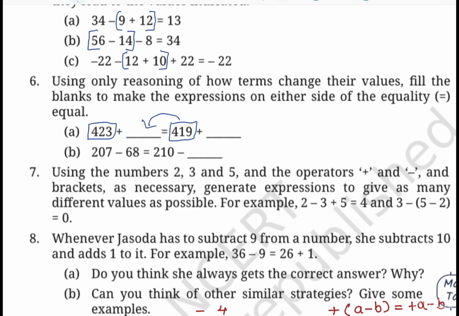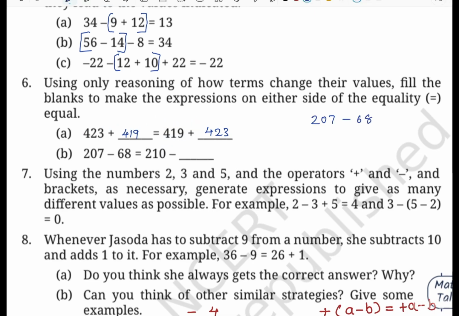So we can write this term here and this term here, then it will become 419, here also 423. So 207 minus 68, the first term becomes 210 by adding plus 3. So we can add plus 3 for the second term, then it will become 71.